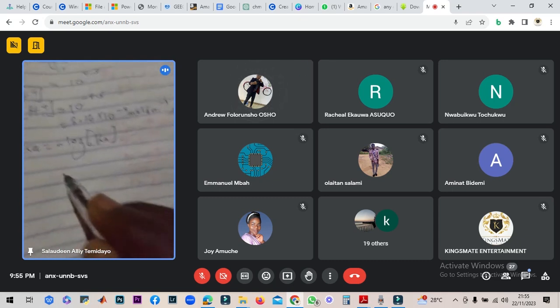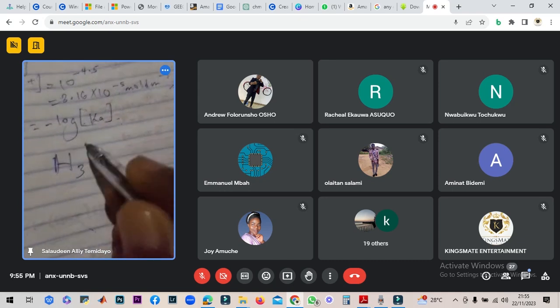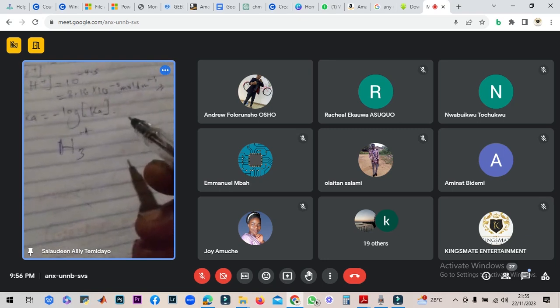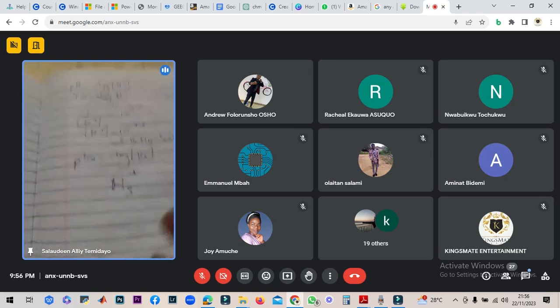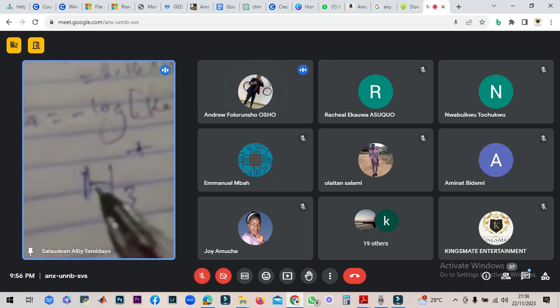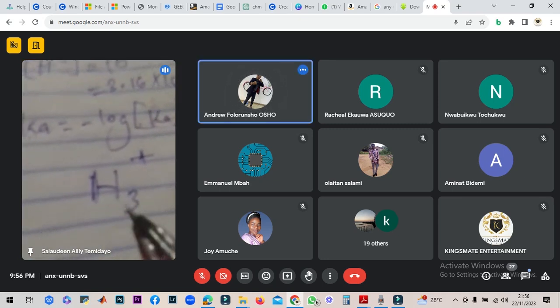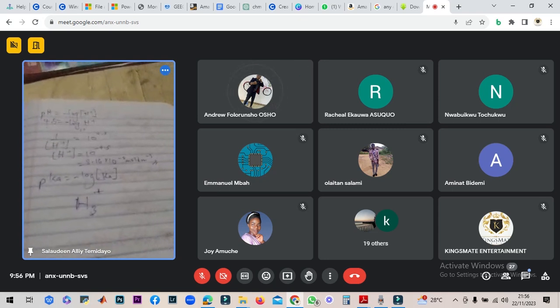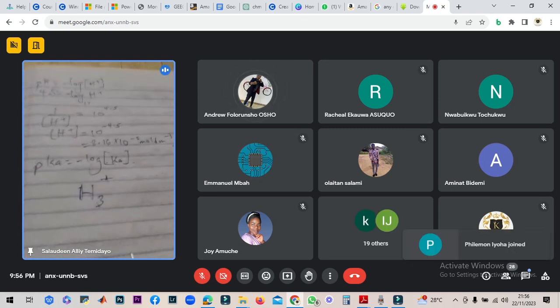Look at what I'm going to write: hydrogen 3 plus, like H3PO4, hydrogen tetraoxophosphate 5. So something like that. This is what they are talking about, 3 hydrogens, in 0.110 mole per dm cube solution of the acid.